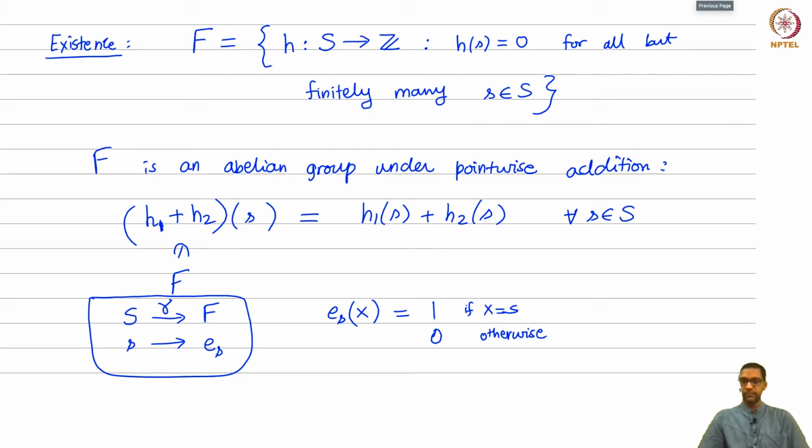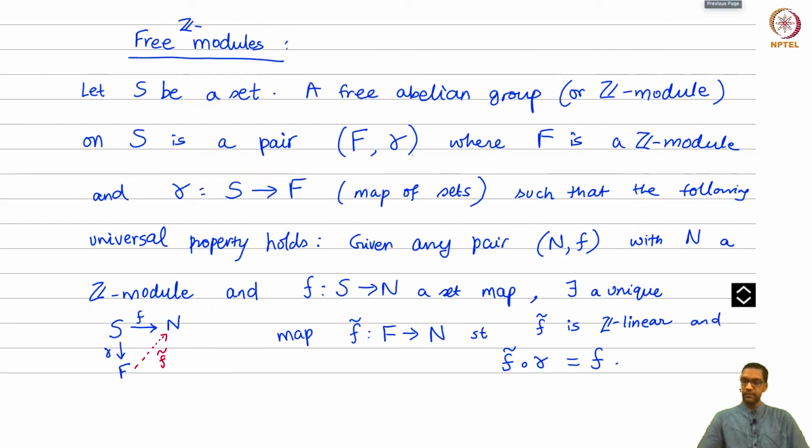But in more concrete terms, it says that not only does the free abelian group exist, our existence proof shows it exists, but it's also unique up to a unique isomorphism. In other words, if I take another candidate F prime, gamma prime, then there will be an isomorphism from F to F prime, which makes this diagram commute. And further, that isomorphism is unique.